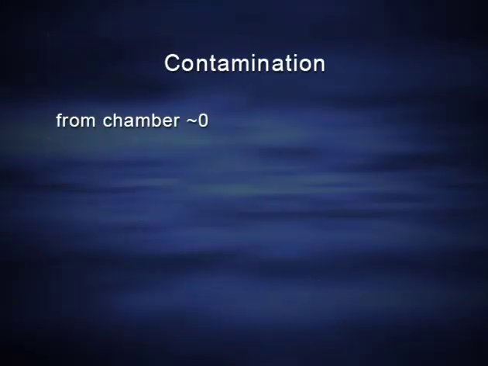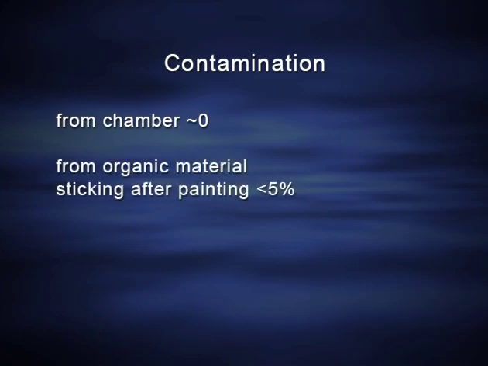The contamination in this process, according to the authors who did the experiment, is very low. They believe they have cleaned the chamber so that the contamination is essentially 0. The contamination from organic material that might have stuck to the painting after it was done, rain that fell onto it, mud wasps that stuck to it or whatever, they estimate as less than 5%.